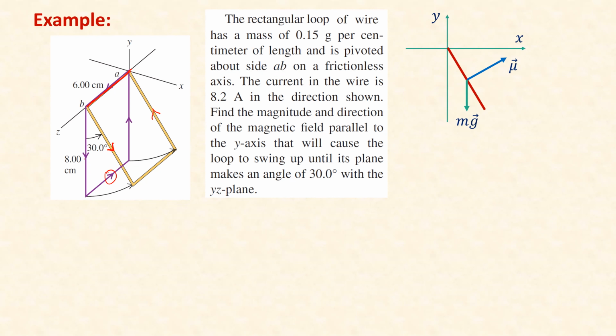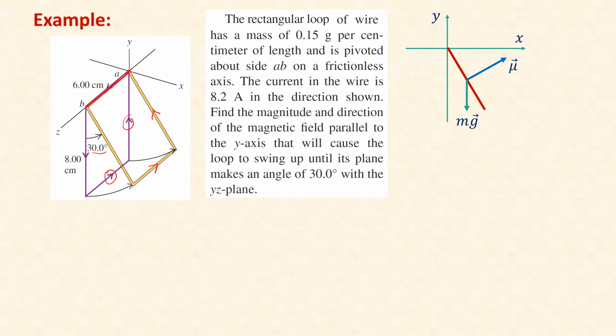Find the magnitude and direction of the magnetic field parallel to the y-axis that will cause the loop to swing up until its plane makes an angle of 30 degrees with the YZ plane. So as it's shown here, angle of 30 degrees.